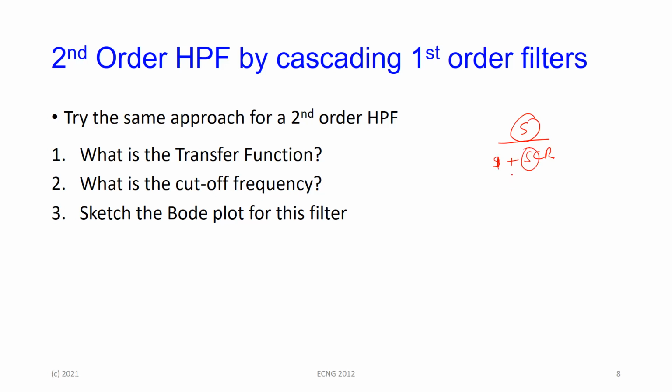So cascade 2 of these to give us now a second order high-pass filter. Try sketching the frequency response for it and the cutoff frequency. Of course, the cutoff frequency is the same as the individual components, but you do both of them and see what the response looks like.